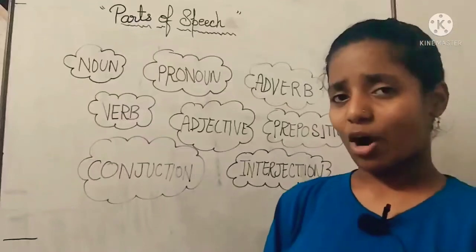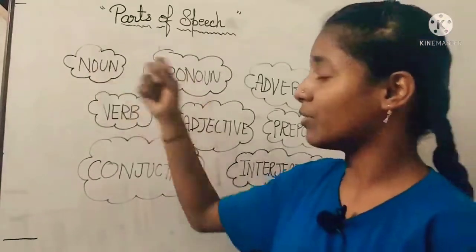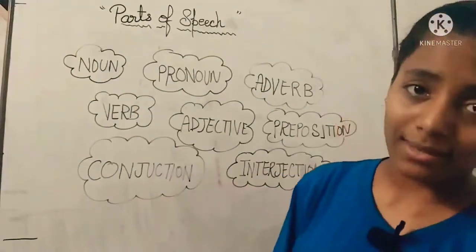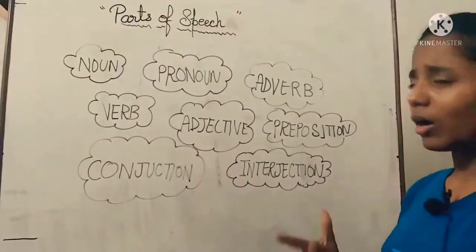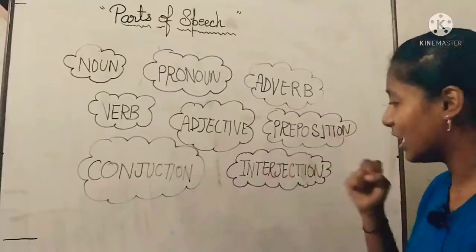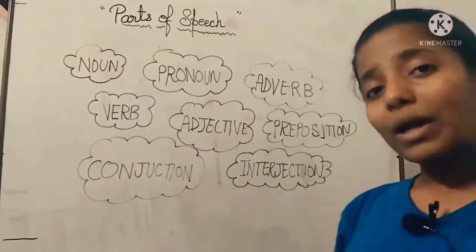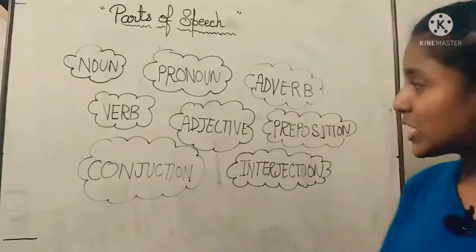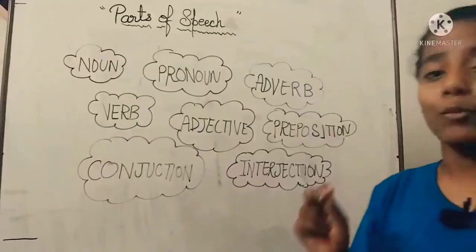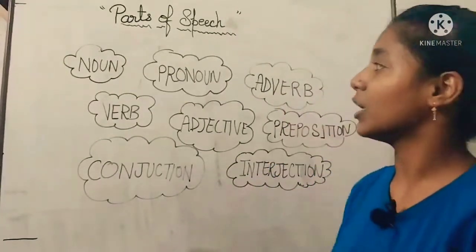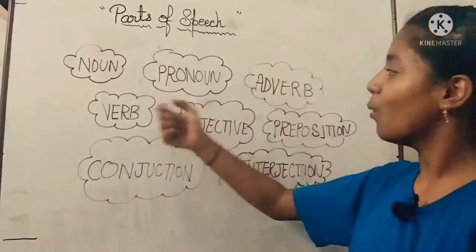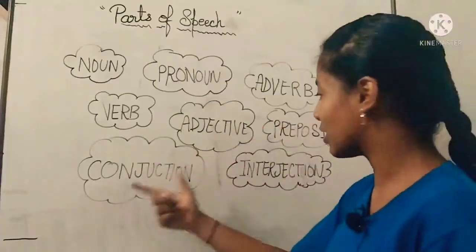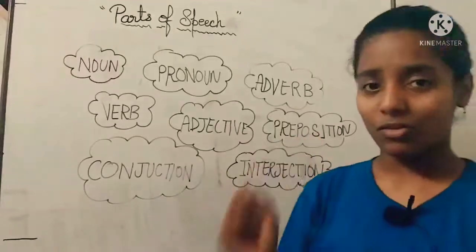You may be somewhat familiar with the terms noun, pronouns, adjectives, adverbs, conjunctions, but some of you do not know about prepositions and interjections. But don't worry, I'm not going to tell you only these terms. I'm going to tell you all the terms, starting from noun, pronoun, adverb, verb, adjective, prepositions, conjunctions and interjections.